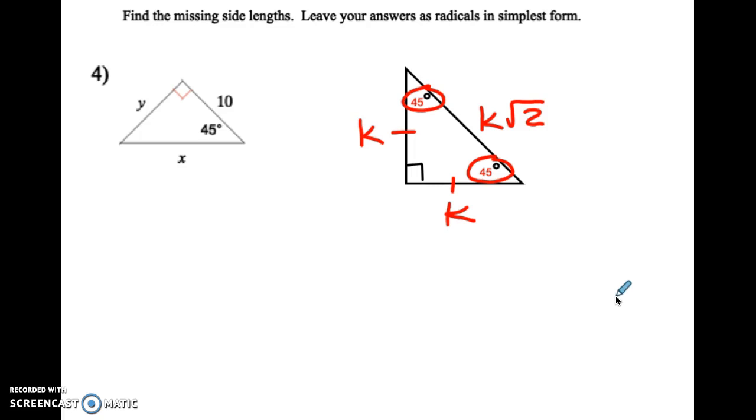If we look at the picture here, the 10 and the y should be the same. Therefore, the length of the side for y will be 10. To find the length of the hypotenuse, we're going to take the side length and multiply by the square root of 2. We're going to take 10 and multiply by the square root of 2. And hence x will be 10 square root of 2.